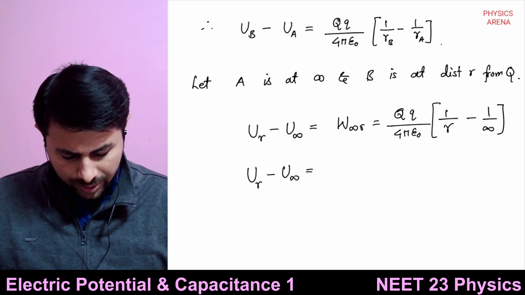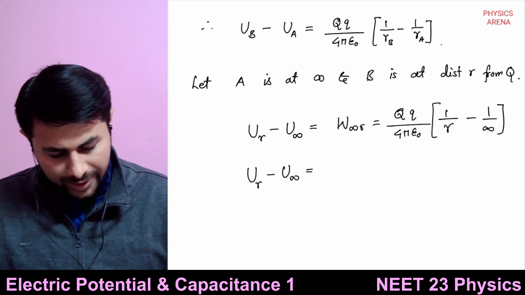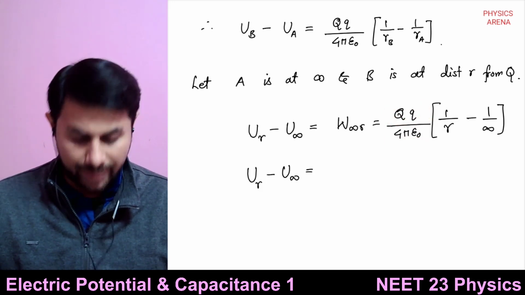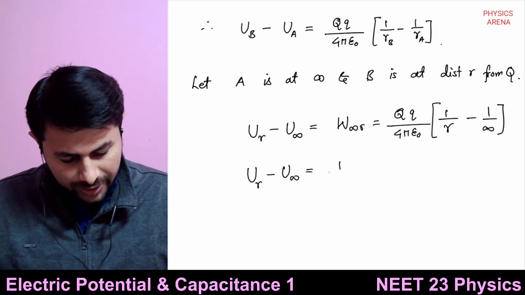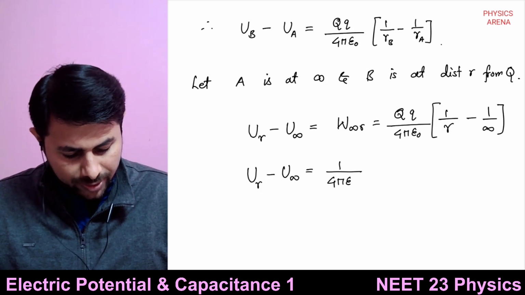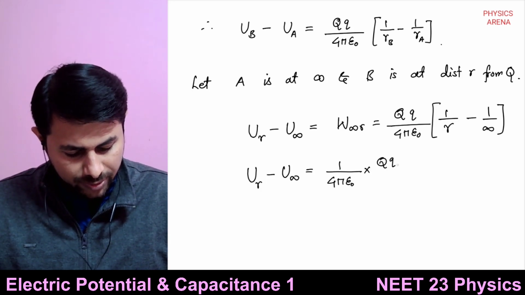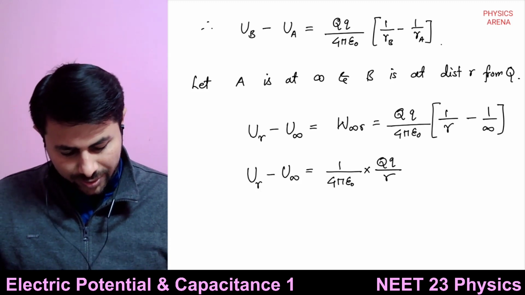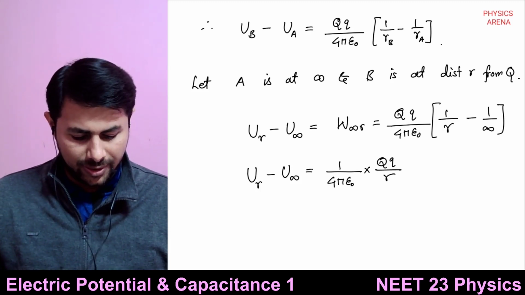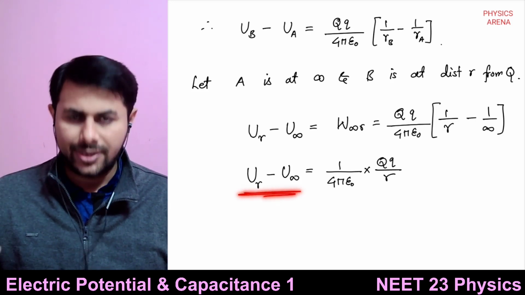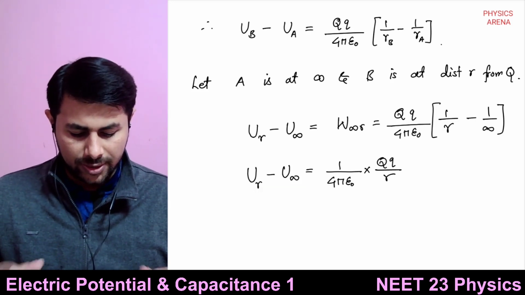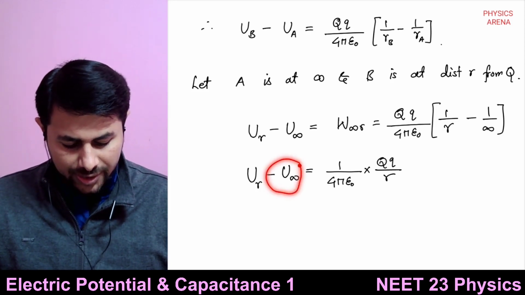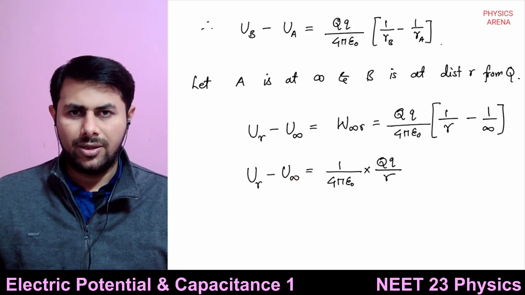And because this thing becomes 0, we can write this as q times Q upon 4 pi epsilon naught multiplied by 1 by r, or 1 upon 4 pi epsilon naught multiplied by q times Q upon r. Okay, so we can measure only the difference in potential energy. So here we make use of a convention that the potential energy at infinity is equal to 0.